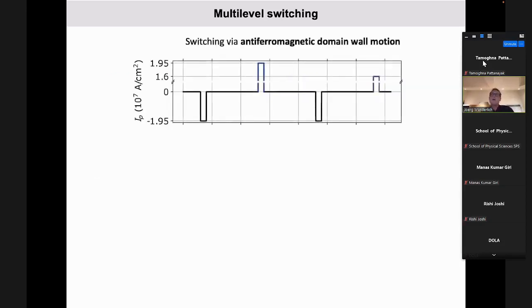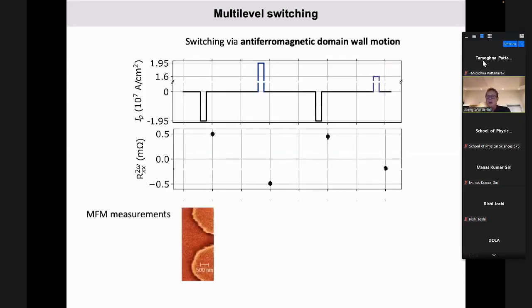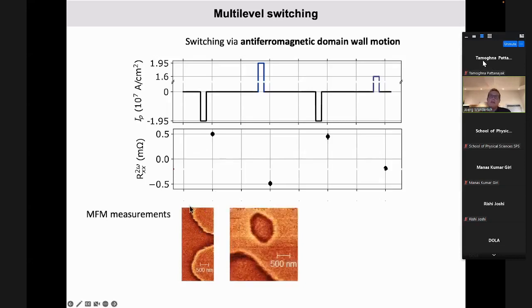And what is the origin of this? Why are those states staying that long? If you look with MFM, because it's indeed a synthetic antiferromagnet, you can do the same experiment. You set it up into an intermediate state, and what you will find is domains and domain walls, right? You see domain structures in your stripe of a very small dimension, which remain unaffected by magnetic field because these are antiferromagnetic domains, right?